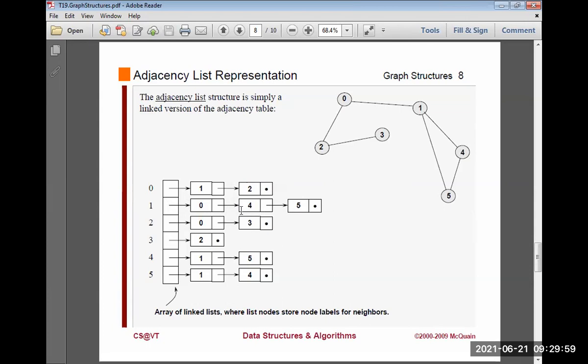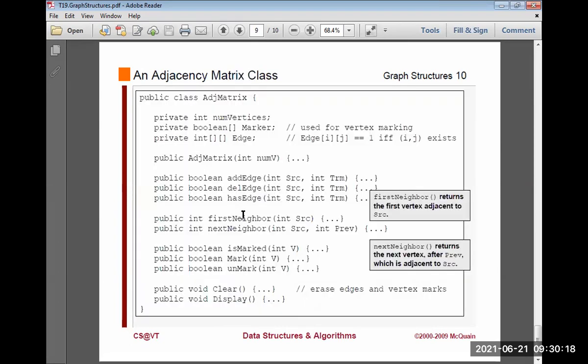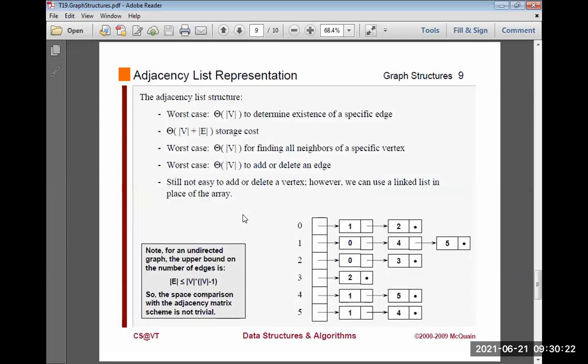We are using links here, so the address of 4 is stored here, the address of 0 is stored here. So this is another way of representing the adjacency list representation. Okay, clear students? This is the adjacency list representation.